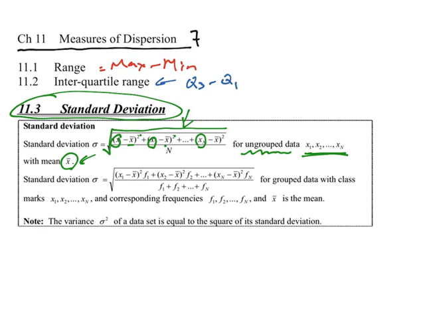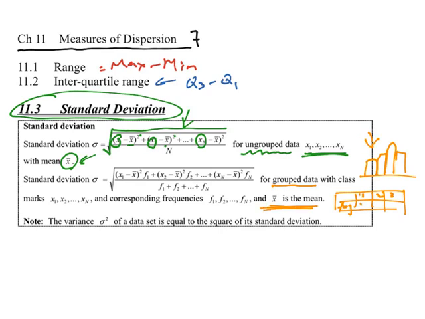The second type is the grouped data. Grouped data actually looks like a table or a graph. That means there are some numbers and then the frequency. So at the beginning, same, find the mean.